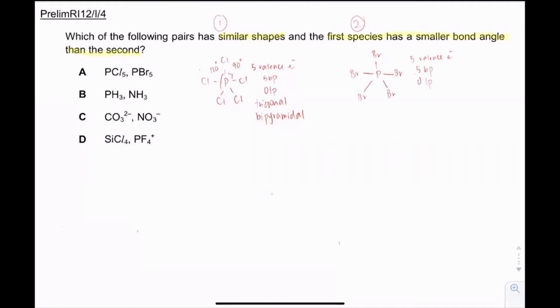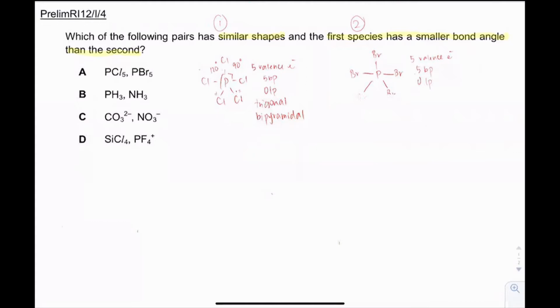And then we also know that Cl is more electronegative than Br. Hence in the PCl bond, the shared pair of electrons will lie closer to the Cl, because being more electronegative means that the Cl atom has greater ability to attract the shared pair of electrons towards itself.